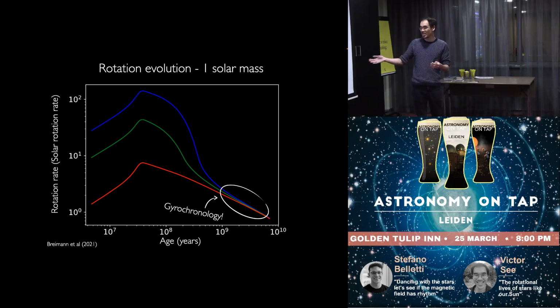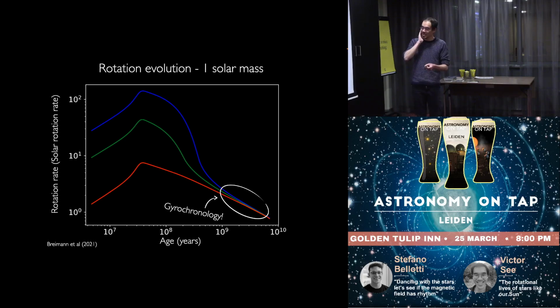But what you can do, at least for older stars, is gyrochronology, because at this phase of the evolution, it's basically a one-to-one relationship between the rotation of the star and its age. So if you can measure the rotation period of the star, which is relatively easy to do, then you can have a relatively good estimate of its age.